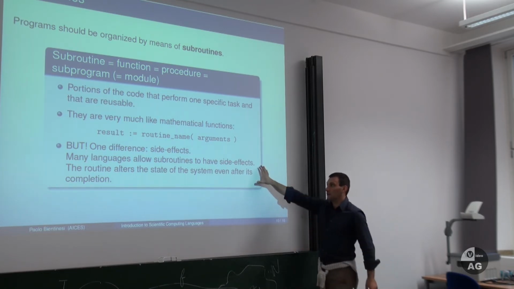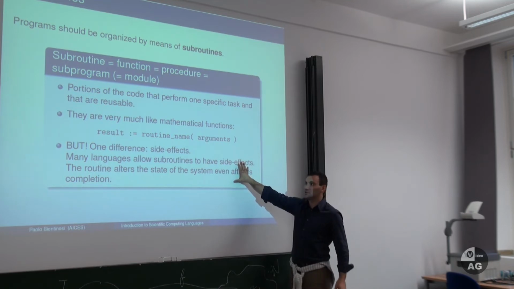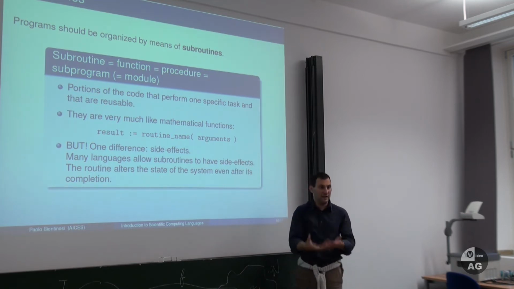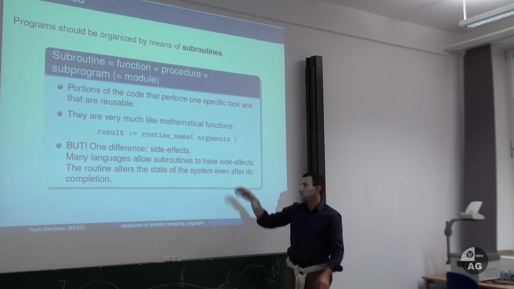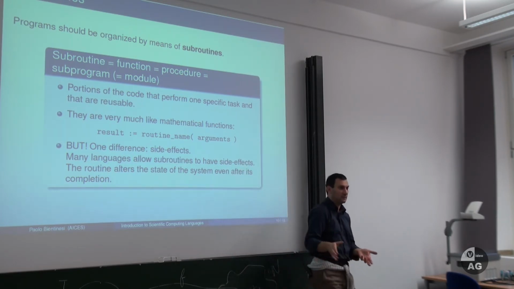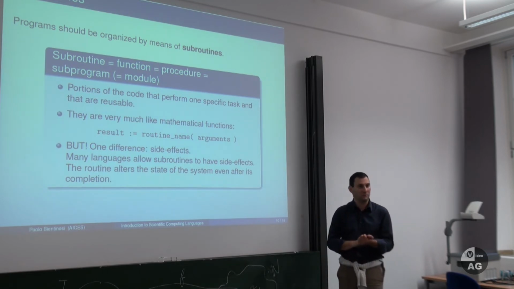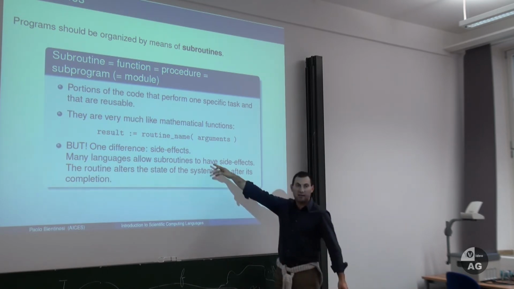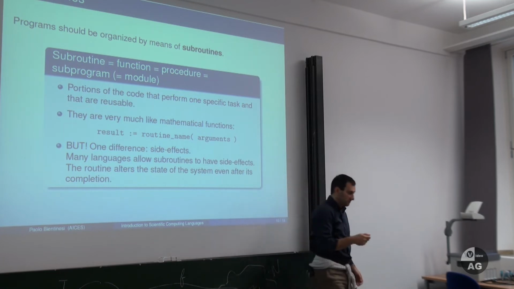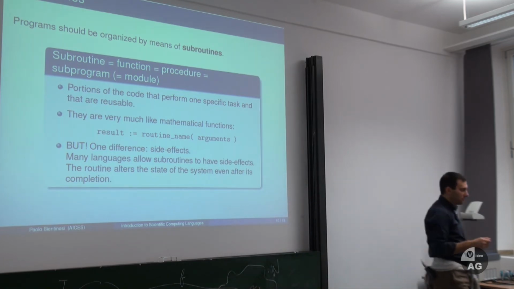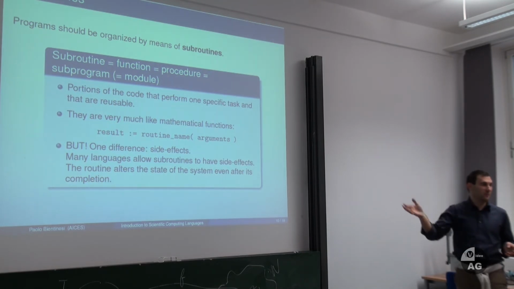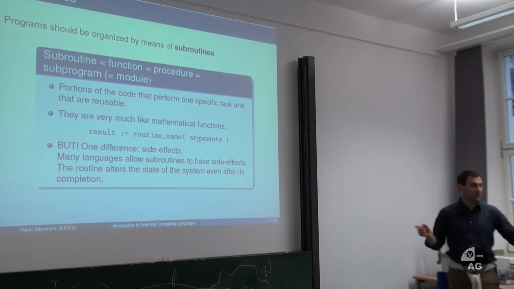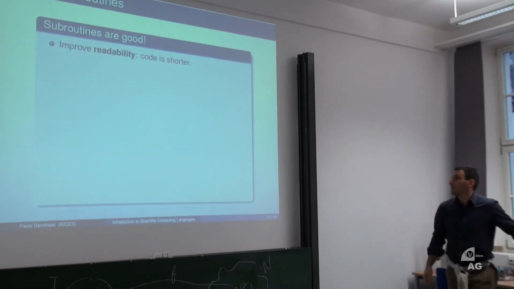In a way, it changes the state besides spitting out the result. So it tells me what the result is, but as part of it, it does something else which has nothing to do with the computation of a circle. That is a side effect. And when you program, you really need to be aware of side effects, because these things modify your state and your functions depend on the state. So it's very important to keep track of side effects.